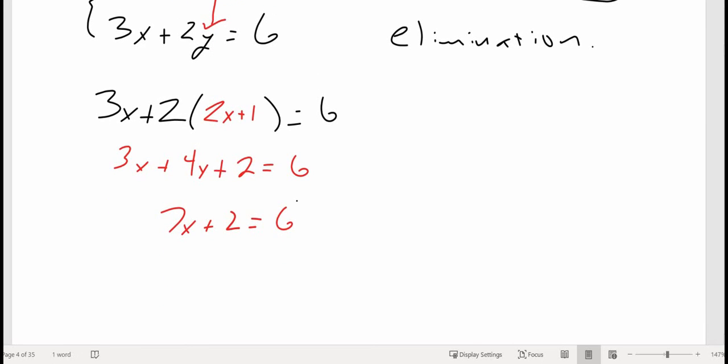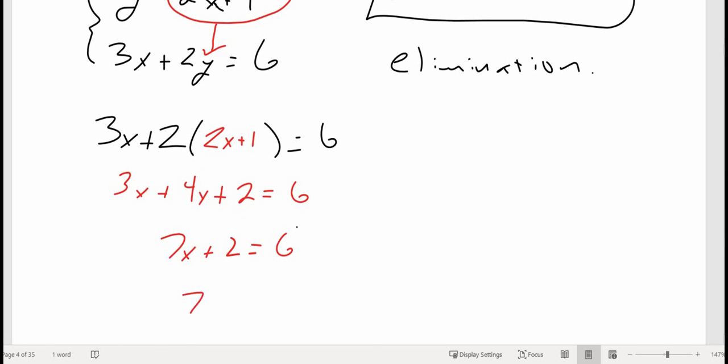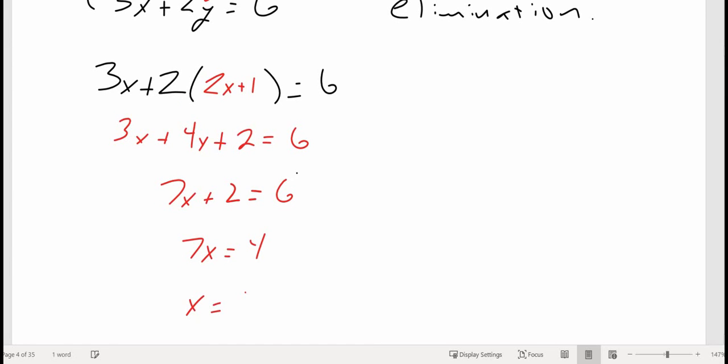So I'm just distributing and combining my like terms. We'll subtract 2 from both sides. You get 7x equals 4, so x is 4/7. Now, if I need to know what the other variable is, I could go back to that first one that said y was equal to 2x plus 1.